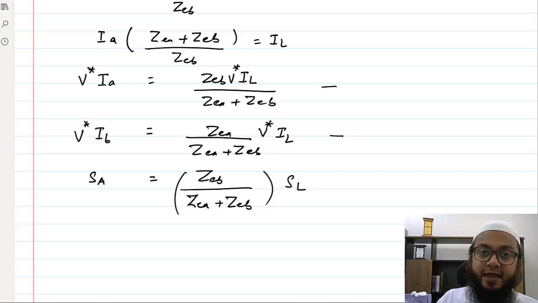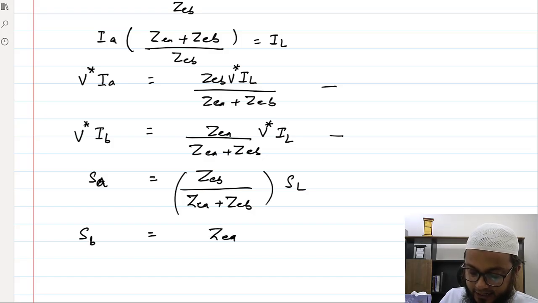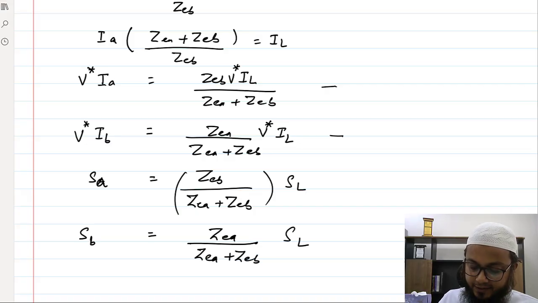Okay, SL is the apparent power of the load, and similarly SB would be ZEA upon ZEA plus ZEB into SL.